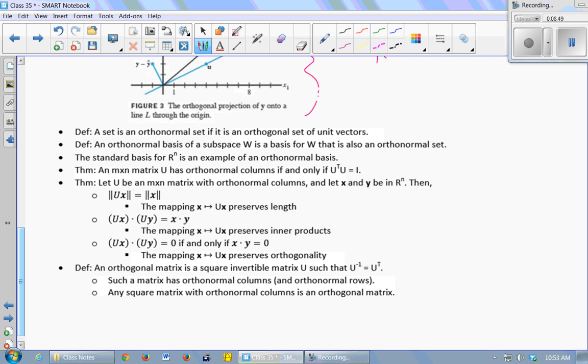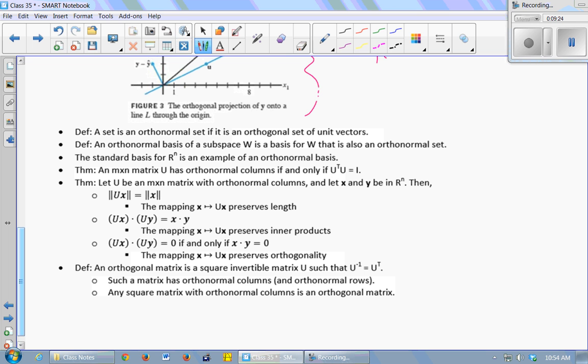Sure. Any vector space has an infinite number of bases, but there's only one ortho... that's not true. Scratch that. There's not just one orthonormal basis, because you could have (1,0) and (0,1), and you could rotate those two by like 30 degrees and you'd still have an orthonormal basis. Nope, not one basis; lots of orthonormal bases.